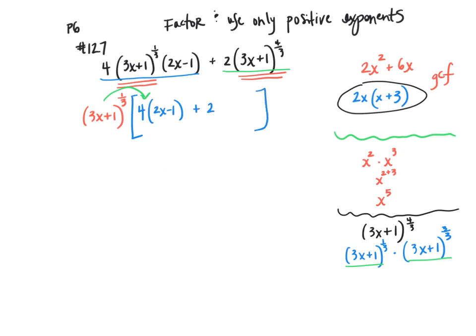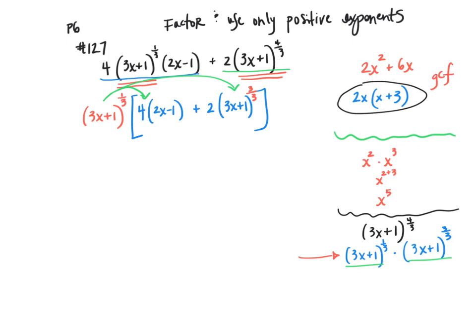And this is where I would write 3x plus 1 to the 3/3. We wouldn't really have to write it as 3/3, but I wanted to show you what you're really looking at, because if you were to distribute this 3x plus 1 to the 1/3, you're going to get that second group.